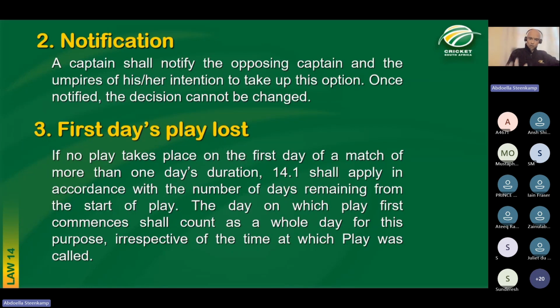But you can only activate this clause if the first day's play is lost. If you start on time in, let's say, a Test match South Africa versus Zimbabwe, and we start on time on day 1, play starts, we have a completed day's play on day 1.